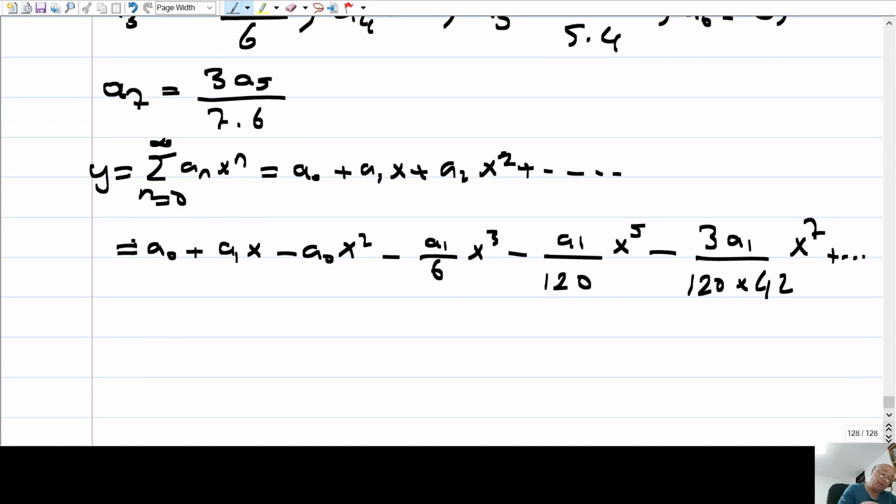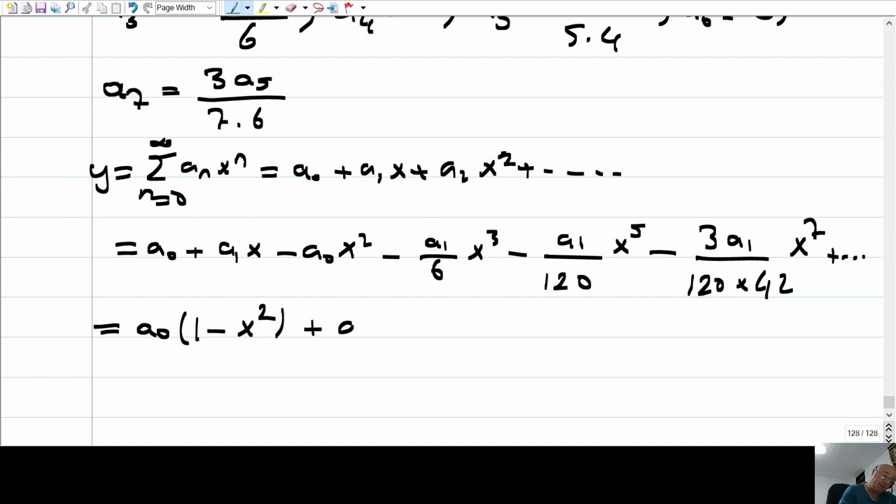Okay, and you see this can be written as what? a0 times (1 minus x squared), and then well, there is no other a0.